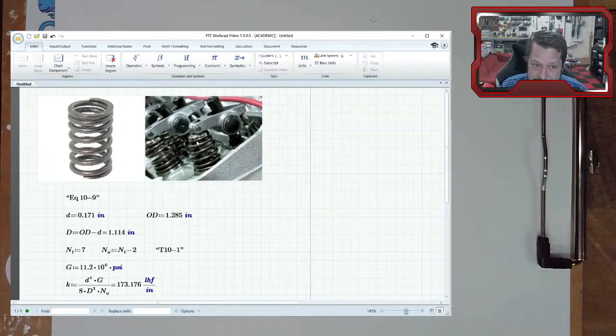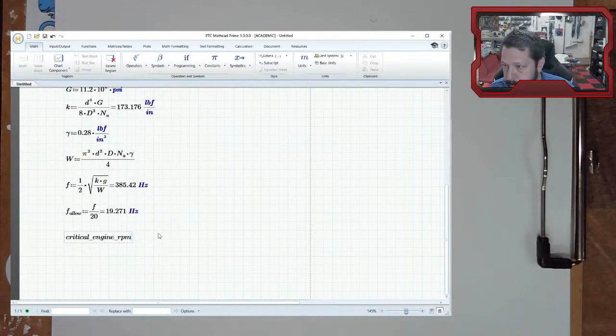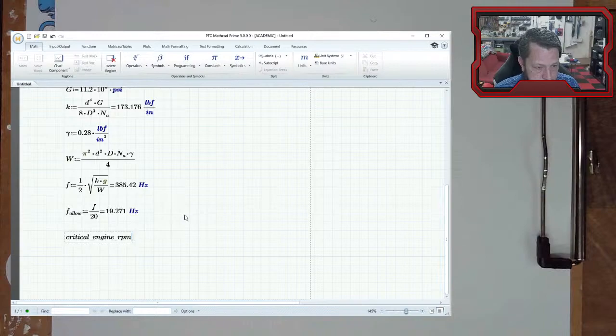So all that to say that this push rod is going to operate, the engine is going to rotate twice for each rotation of a camshaft. So the critical engine speed is going to be, what did I call it? F allowable, I guess. Equals F allowable.